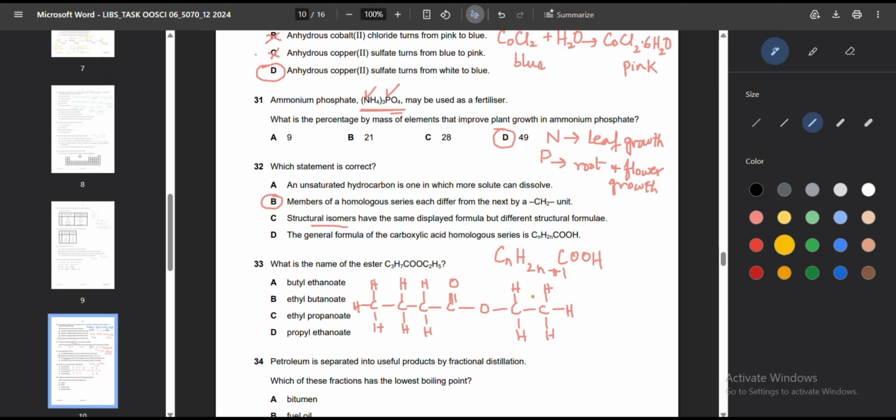So you know that this part, C3H7COOH, that is the acidic part. You name it as alkanoate. And this is the alkyl part. What is the alkyl group? Having 2 carbons. This is ethyl.